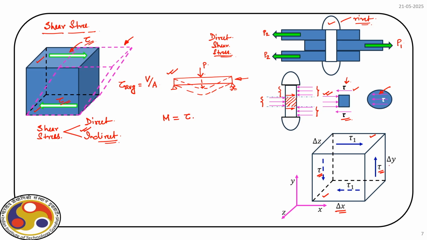The dimension of this cuboid is delta x, delta y, delta z. So, this plane over which tau acts is delta y times delta z. So, they are the forces acting on this face and this face, which are separated by a distance of delta x. So, that will develop a couple.